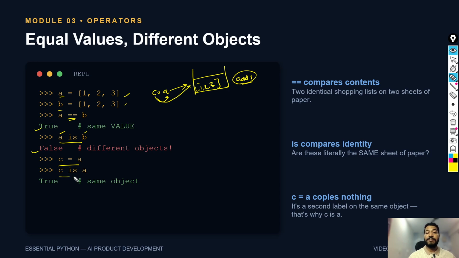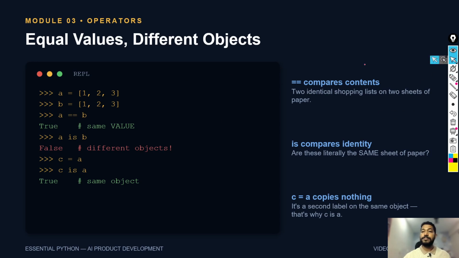So when we compare these two variables with the identity operator, the answer will be true because both are referring to the same address. Hope these things are pretty much clear.